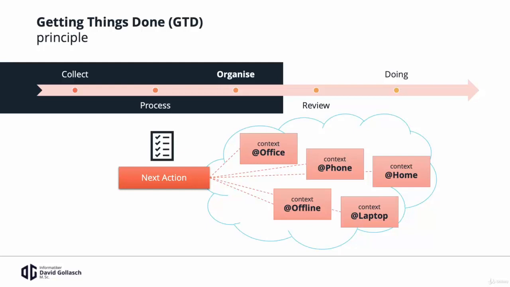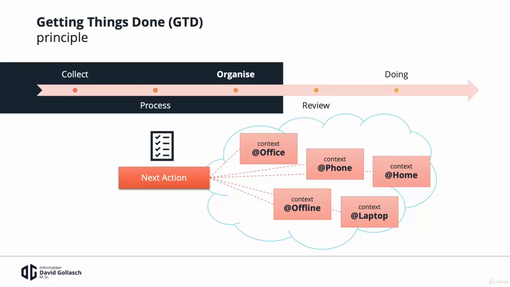An offline context for all of those things that can be done without the need for any internet connection, so for doing this on the go, for example. And the context laptop, or notebook, or computer, whatsoever, so things that you have to do using your computer specifically.